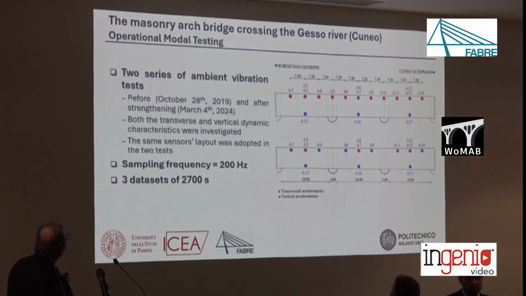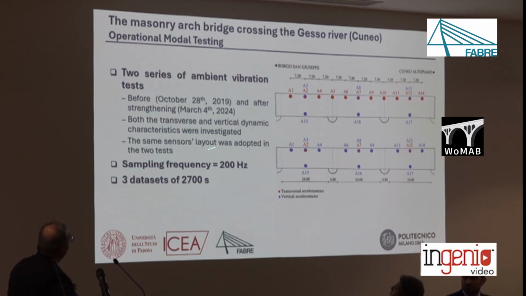For this bridge, 2 series of ambient vibration tests were performed before and after strengthening in October 2019 and March 2024, more or less in the same temperature condition, more or less 18-20 degrees centigrade, which is an ideal temperature for ambient vibration testing.